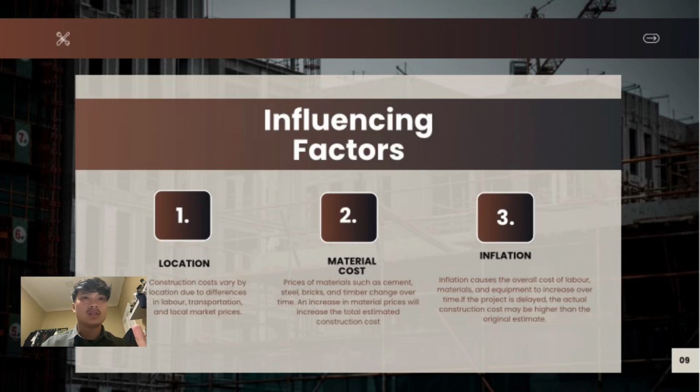And number 3, inflation. That causes the overall cost of labor, materials, and equipment to increase over time. If the project is delayed, the actual construction cost may be higher than the original estimate.